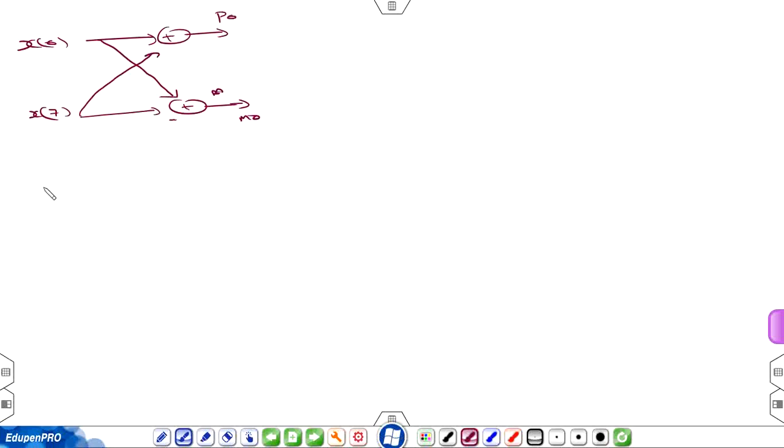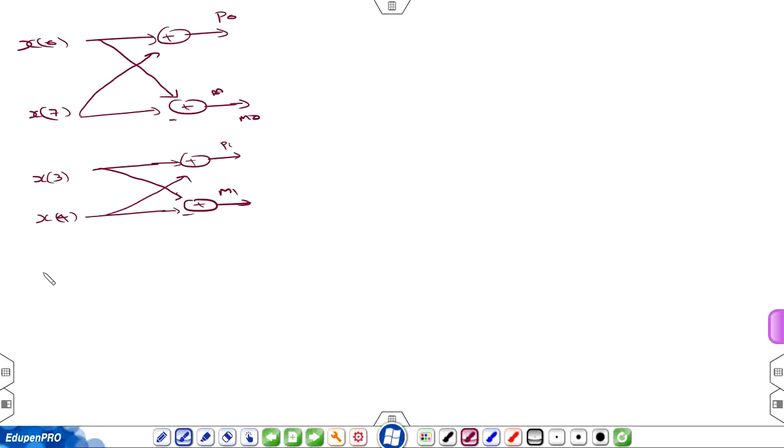Okay, likewise we can generate p1 and m1. So p1 is x3 plus x4, so x3 and x4, so this is p1, and m1 is x3 minus x4, so this is minus, this is m1.